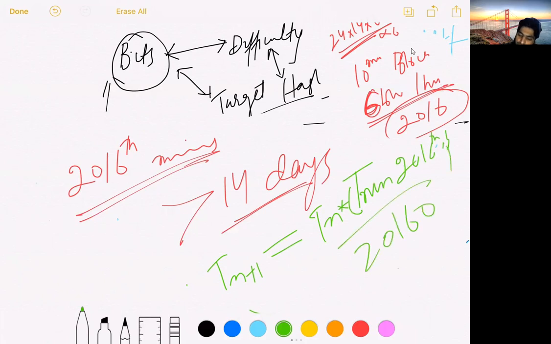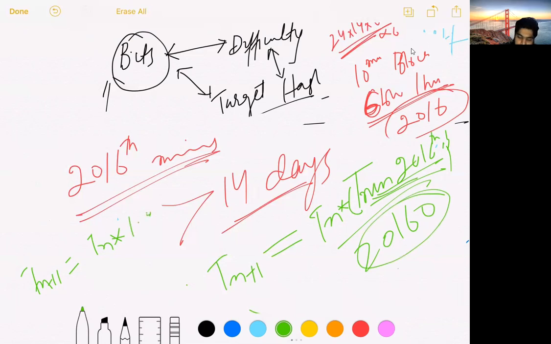Since it is taking more than 14 days, this value will be more than 1, so it will be 1 point something.